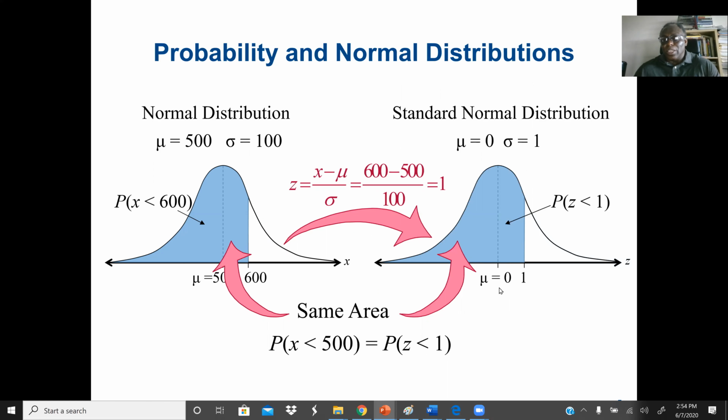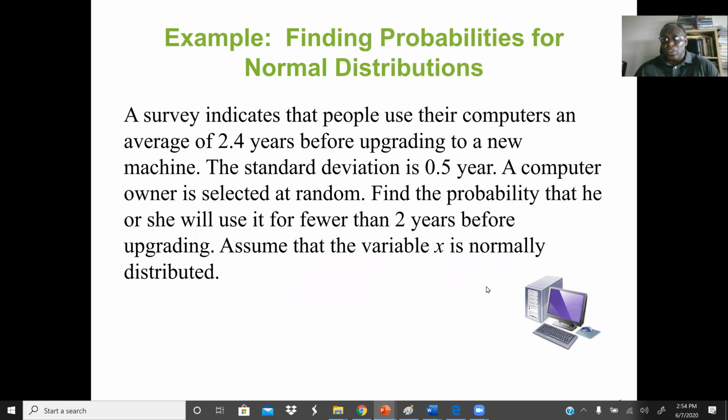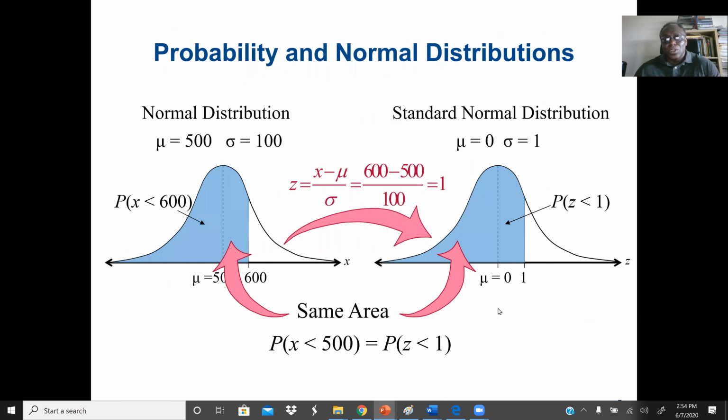We again look for the probability value using the standard normal table, and we're going to do this example in a few lecture slides to come. Our goal here is to understand the concept of transforming the normal distribution to the standard normal distribution. The main goal is to find a z value. In a standard normal distribution, the mean is 0.